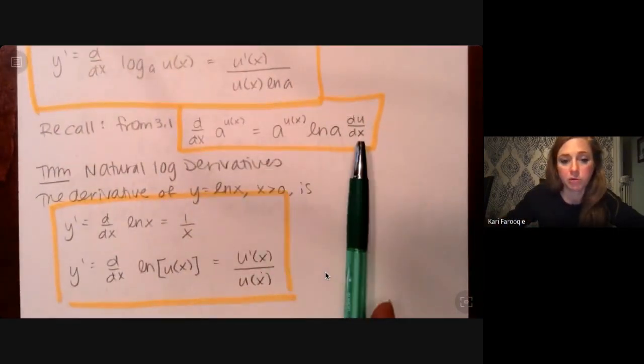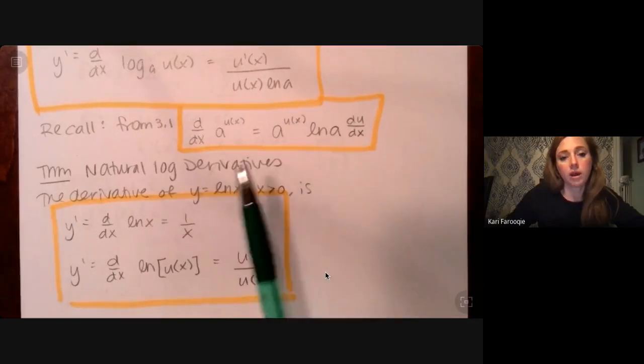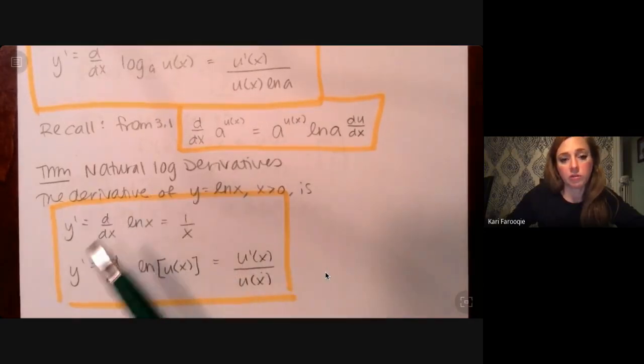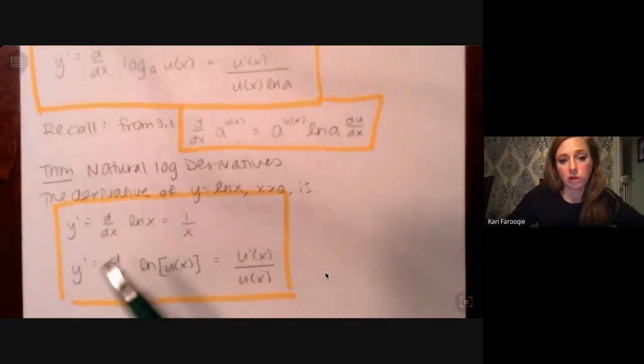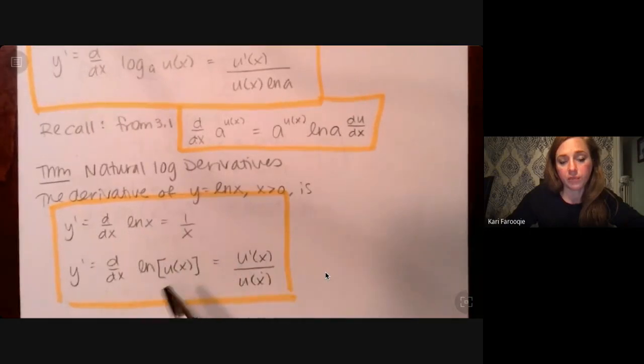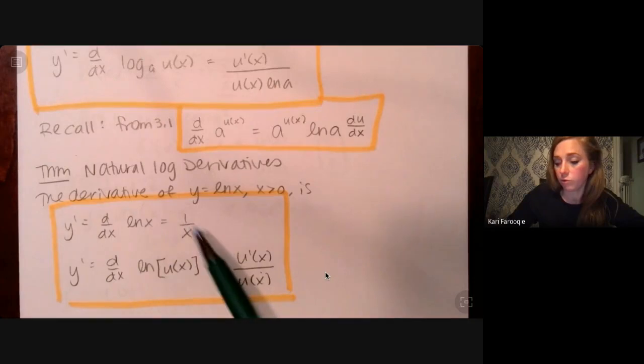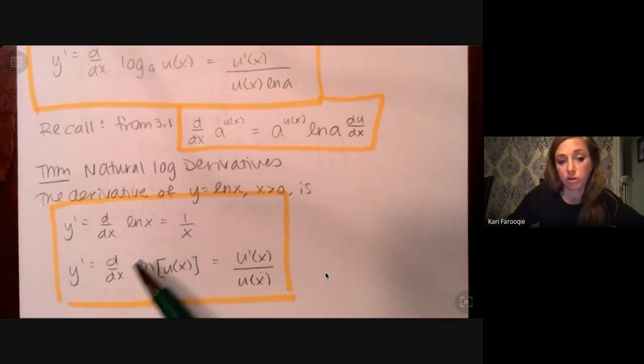So I reminded you of this formula. And then we talked about this formula, which we used a couple times for the natural log of x. If you're taking the derivative of ln x, the derivative is 1 over x. But we can also apply a similar rule to the natural log of some function of x. We just have to chain on the derivative of the inside function.